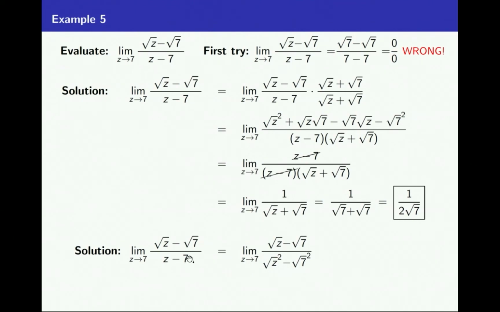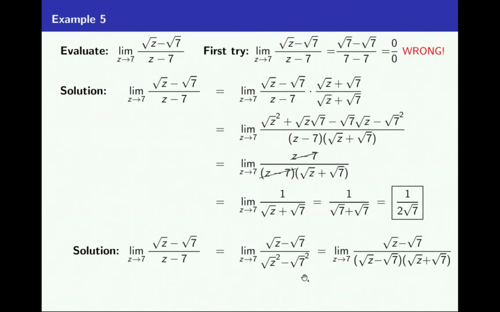So all we've done is re-express this limit into a slightly more convenient form where we clearly have a difference of two squares on the denominator. This squared minus that squared. So now if we factor the denominator as a difference of two squares, it's the square root of z minus the square root of 7 times the square root of z plus the square root of 7.